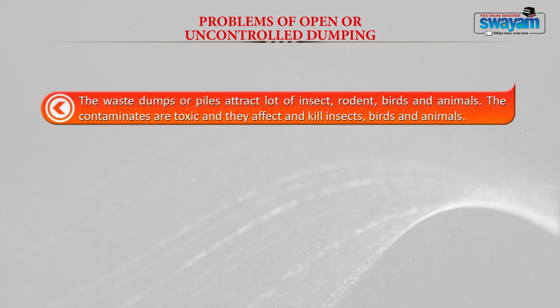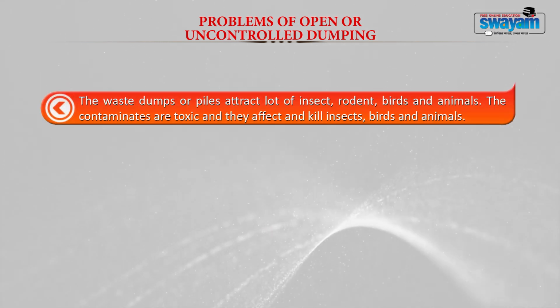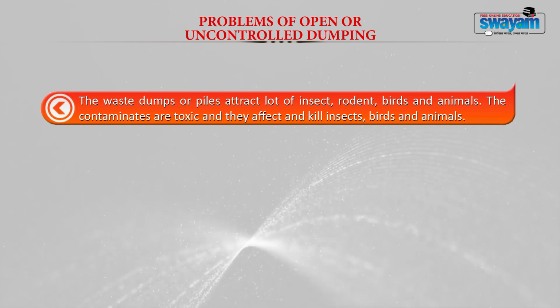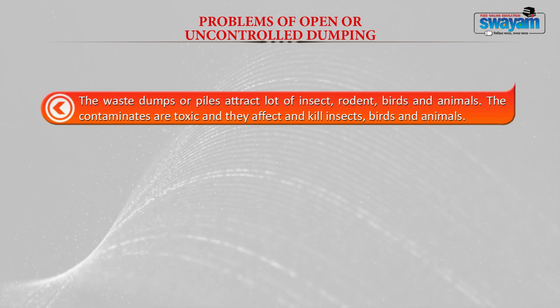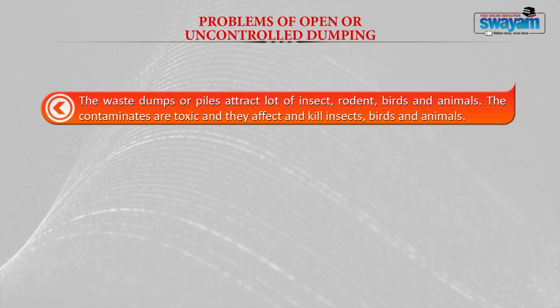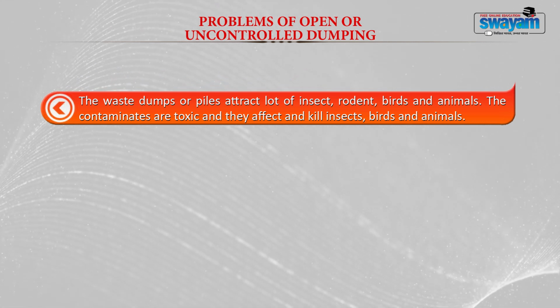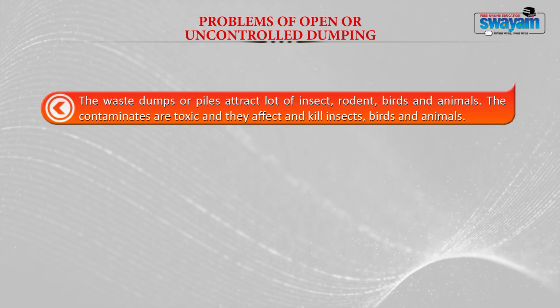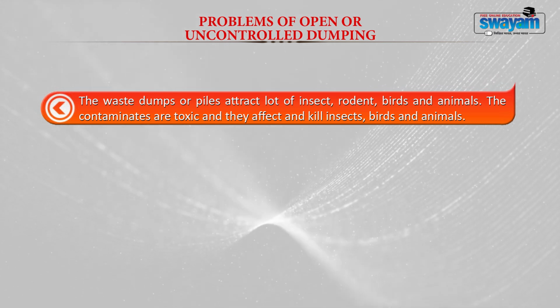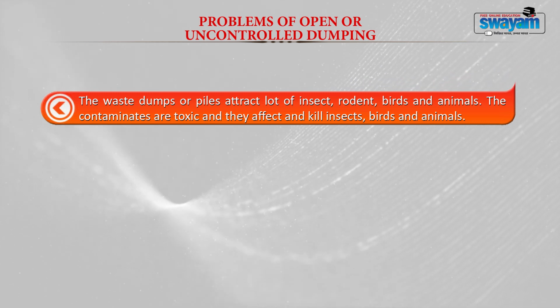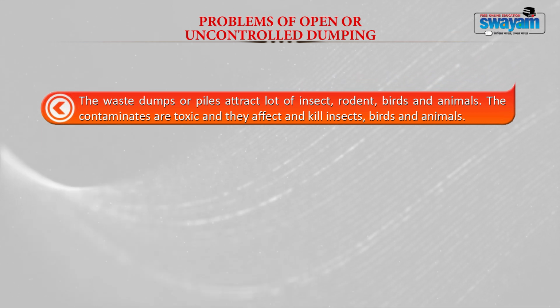Now, the waste dumps or piles, as I told you earlier, attract a lot of insects, rodents, birds and animals, and sometimes the open dumps act like a breeding ground for certain animals and birds. Sometimes when migratory birds cross these open dumps, they think they will get food, so they settle there.